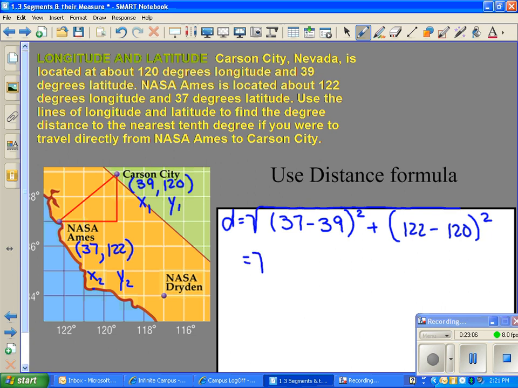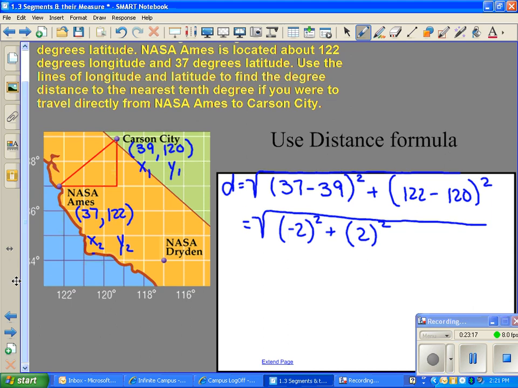37 minus 39 is what? Negative 2. And then you get 2 over here, squared. What happens when you square a negative number? What's negative 2 times negative 2?